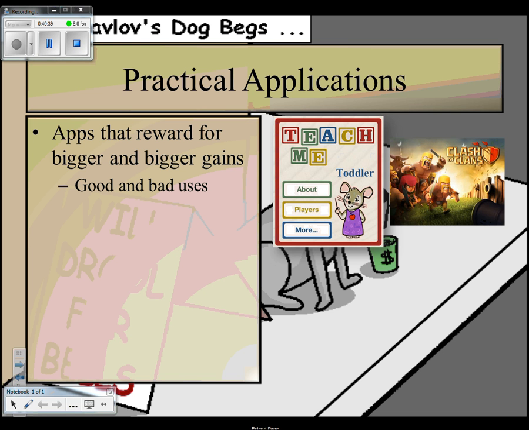Now, stop and think about why some kids hate high school. What do you think? Yeah, the only reward is grades. And if they're not going to college, do the grades matter? So then what is the reward for them? Now think about this. Think about how we treat those kids.